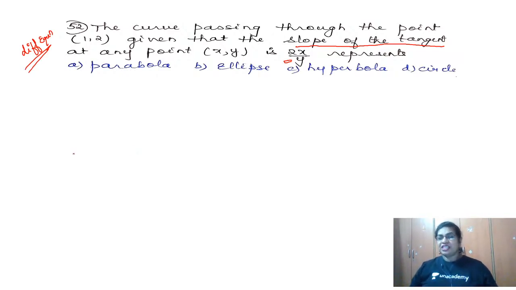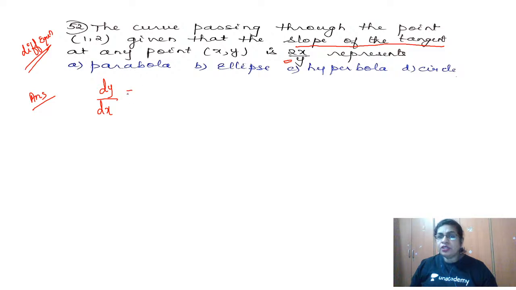How do we solve? We will solve from the concept, from the content given to us. Let us come to the solution part. The slope of the tangent at any point means dy by dx. Always remember that: slope of the tangent means dy by dx.